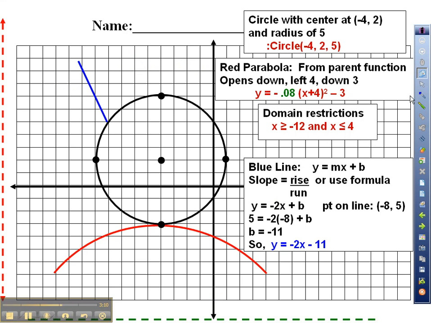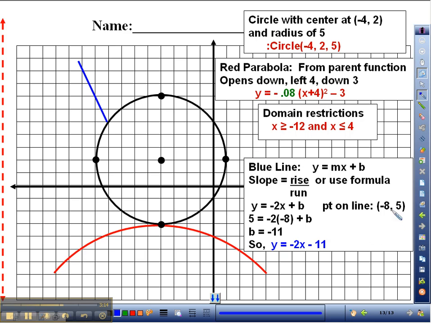Y-intercept. I found a point on the line, -8, 5. Let's see, 1, 2, 3, 4, 5. I think it's that point right there. 1, 2, 3, 4, 5, 6, 7, 8. Yep. I picked that point on the line. I plugged it in. I solved for my b. And so here's my equation. Y equals -2x minus 11.